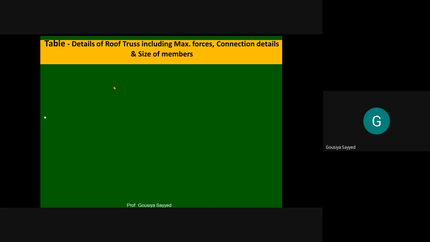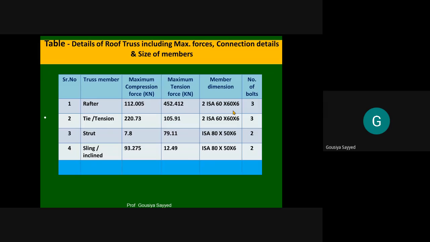And again you have to draw one table which shows the details of the roof truss, including maximum forces, connection details, and size of member. So you have to draw this table which shows the name of the truss member, maximum compressive force, maximum tensile force.